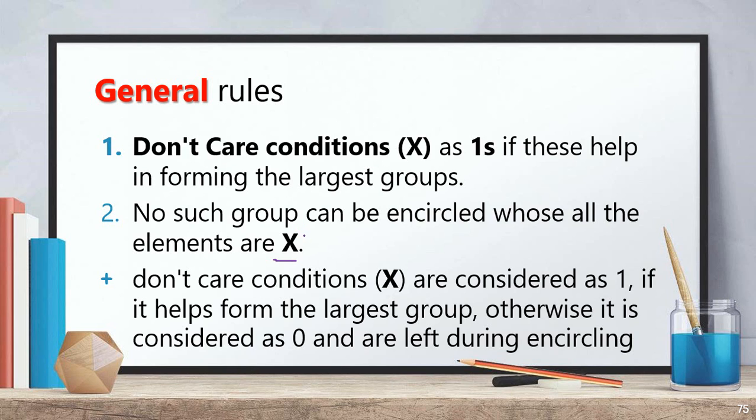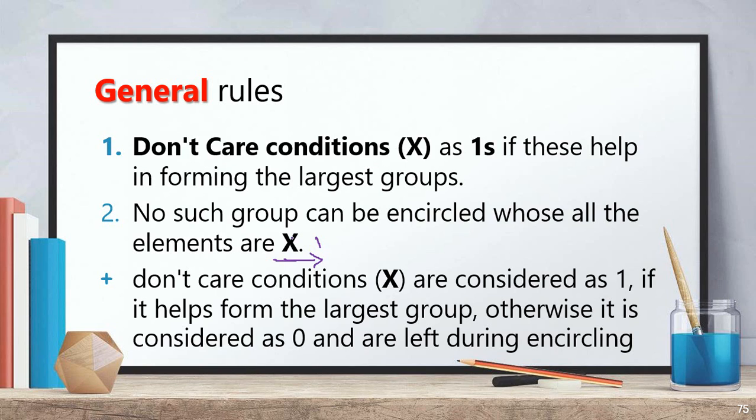If anywhere in the KMAP only don't cares are there, we cannot make that a group. In any group with don't cares, at least one 1 should be present in that particular group. Then only it can be grouped in the KMAP.